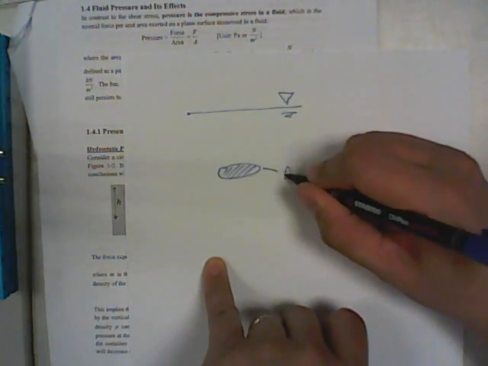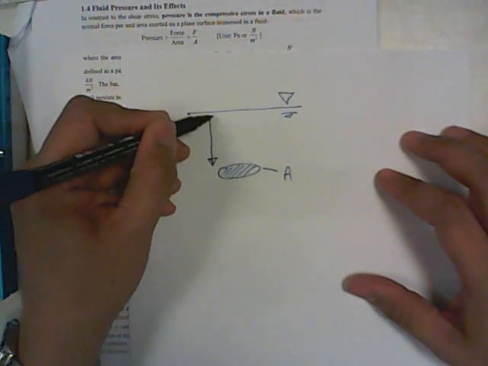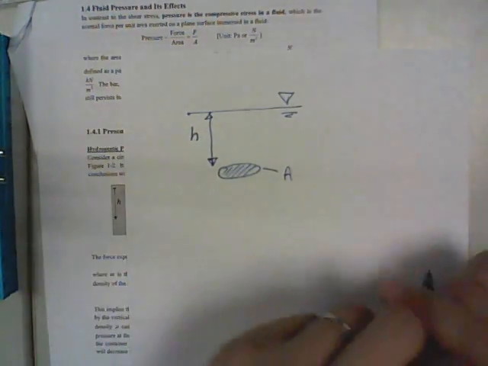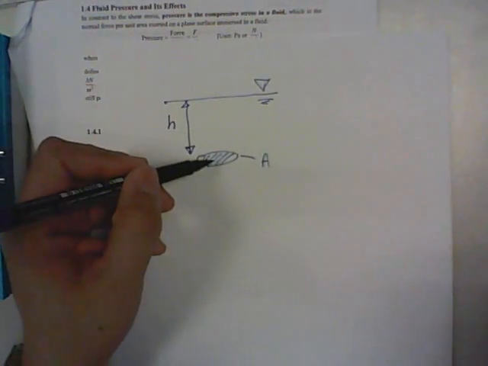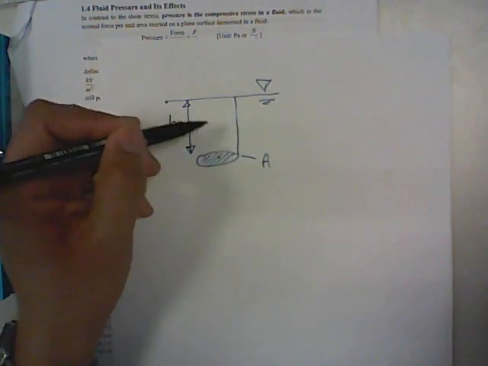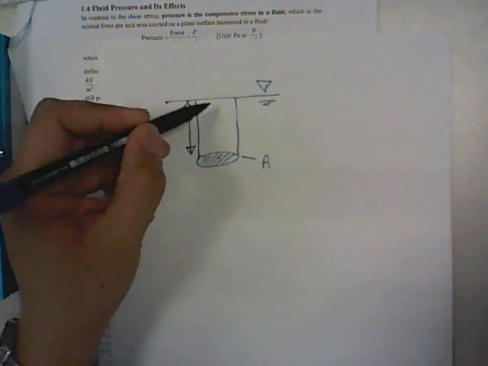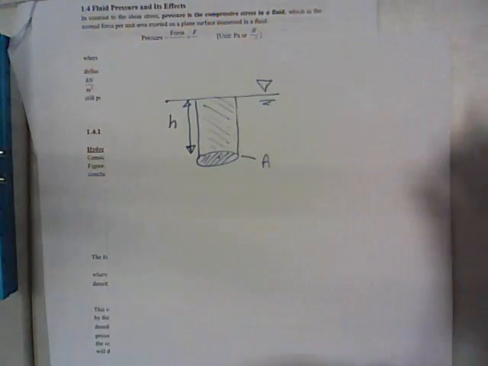Let's say this area is A, and it is at a depth of h. The force acting on the area A right now is literally the weight of the liquid above, which means this column of liquid.